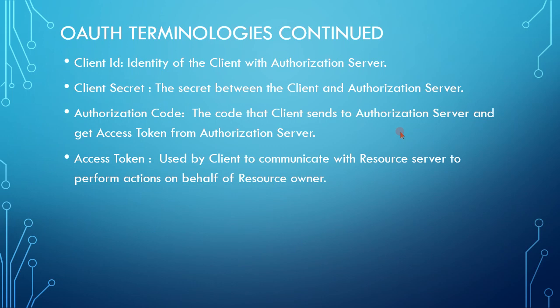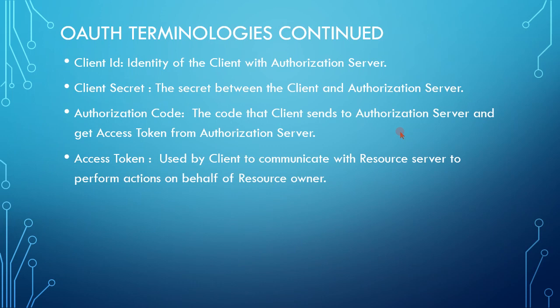So the authorization server should be aware of which client is accessing the resource. After the registration of the Open Authentication client on the authorization server, we'll be given two things. One is client ID and the other one is client secret.